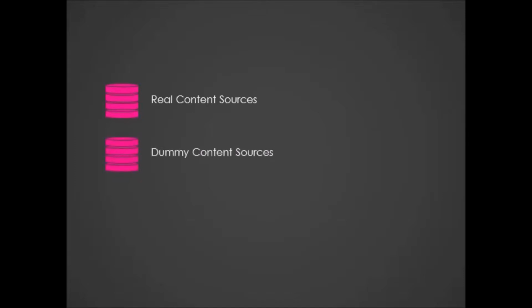Second, we have sources that provide us with dummy content. Dummy content is data that does not necessarily contain meaningful information, but tries to imitate it as well as possible. At last, we generate completely random data for the part of our schema that we cannot populate with any existing sources. Let's take a closer look at the real content sources.